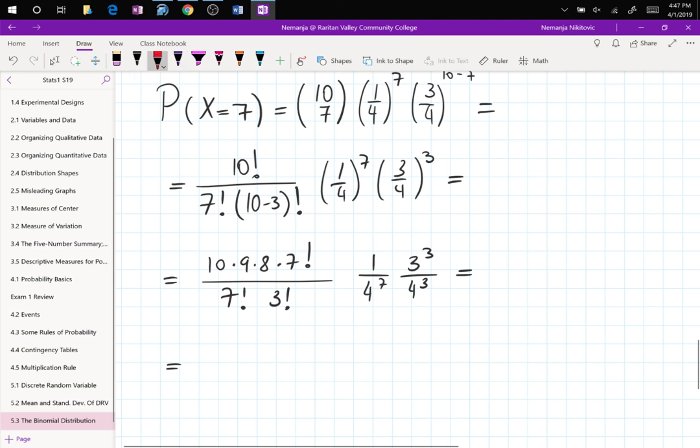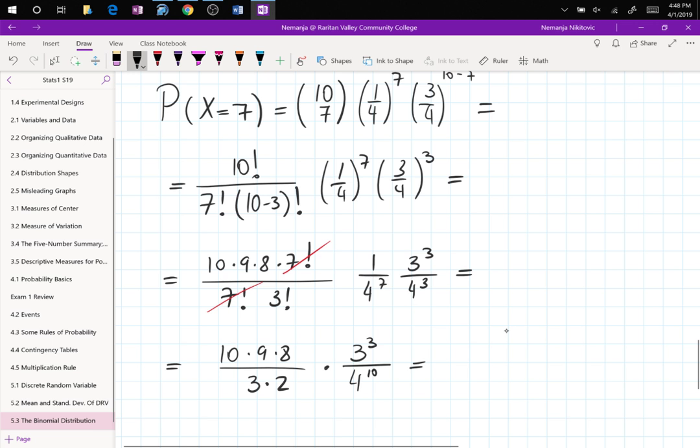So now these cancel, right? And I have 10 times 9 times 8 divided by 3 times 2, that's 3 factorial, times 3 cubed divided by 4 to the 10th power, because 4 times 4, you add exponents.